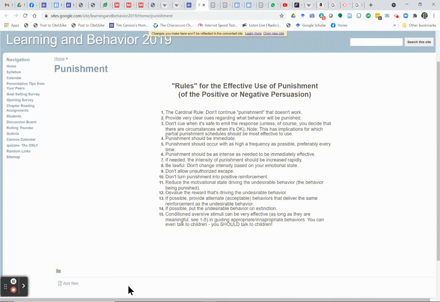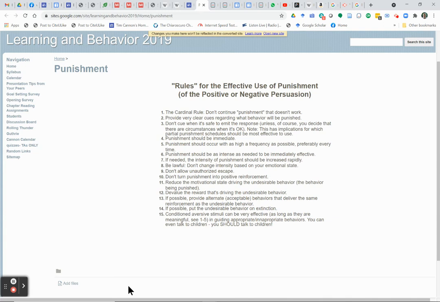because we often cannot punish on a continuous reinforcement schedule, which is an FR1, fixed ratio 1. Every time you do something, there are consequences. But that's the way trees work, and rocks, and they punish you every time.